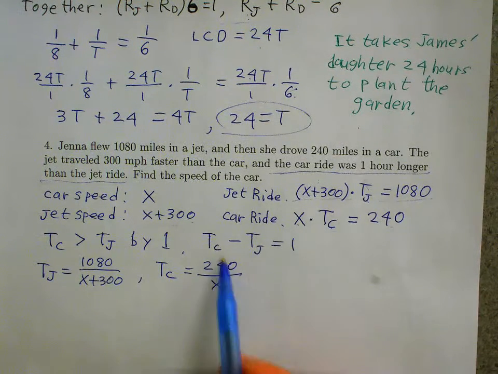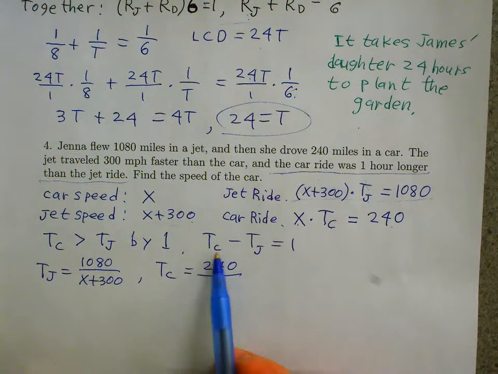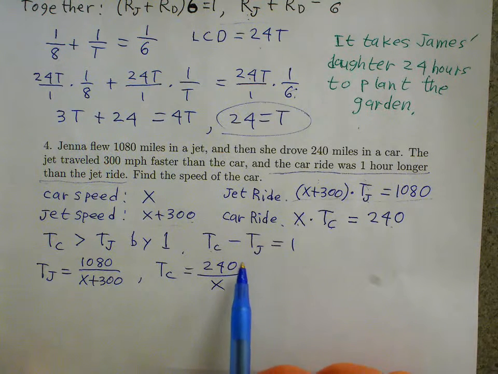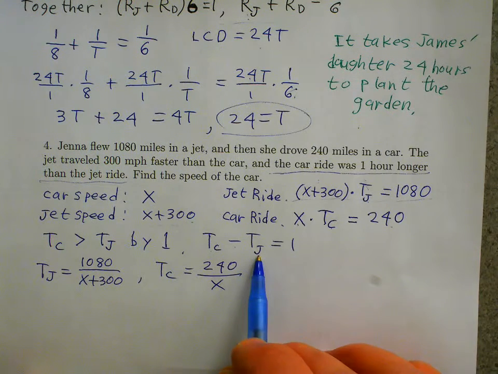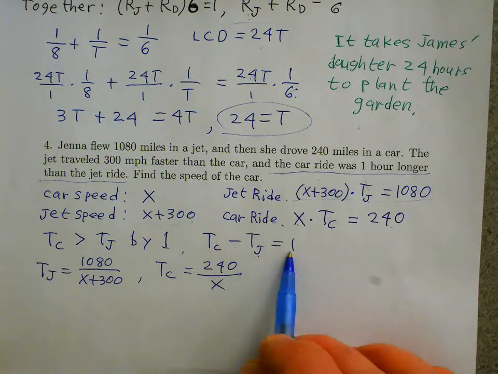Okay, and so our equation: the amount of time it took the car to drive 240 miles minus the amount of time it took the jet to fly 1,080 miles equals 1.